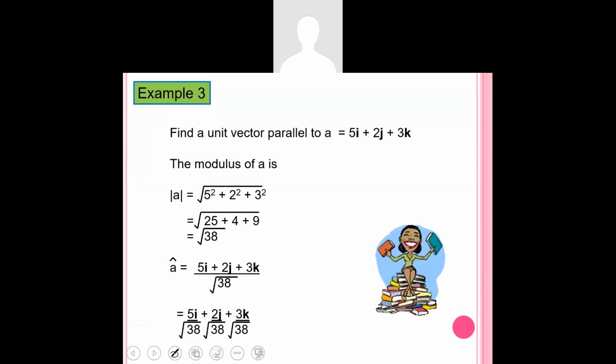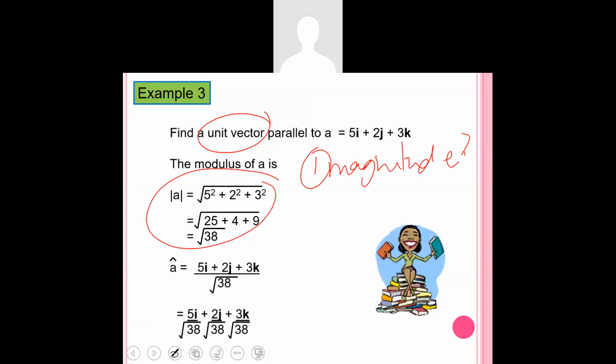First we need to know the magnitude, so we start by calculating the magnitude. Once we have the magnitude, just take the whole vector, divide it by the magnitude, and we get our unit vector.